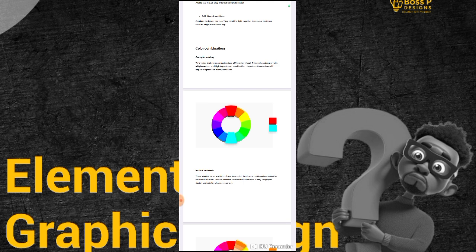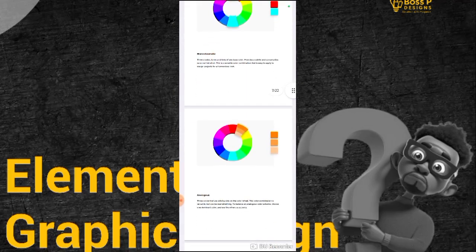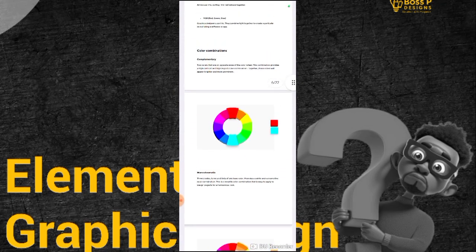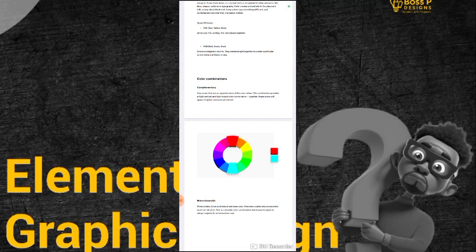When they say color combinations, we have the complementary color, we have the monochromatic color, we have analogous color and so on. Under complementary color, we have two colors that are on opposite sides of the color wheel.